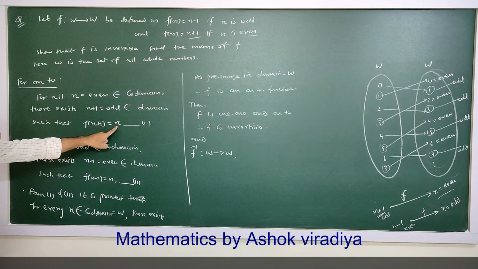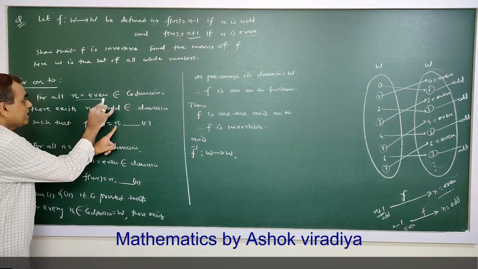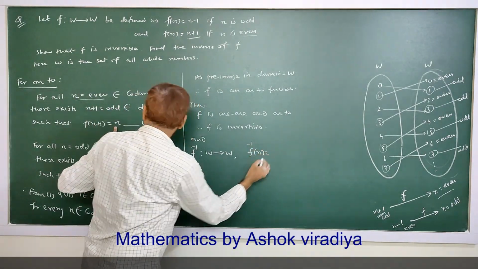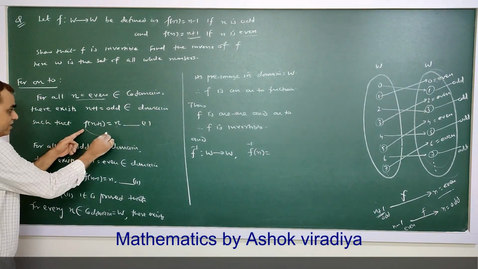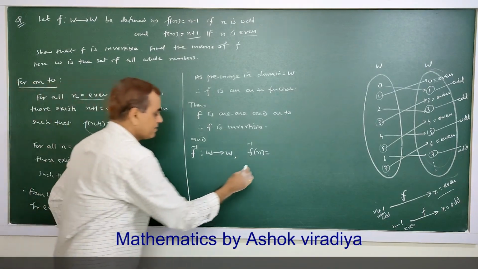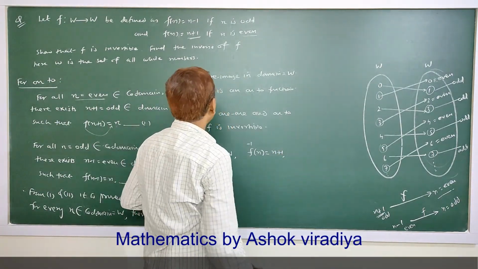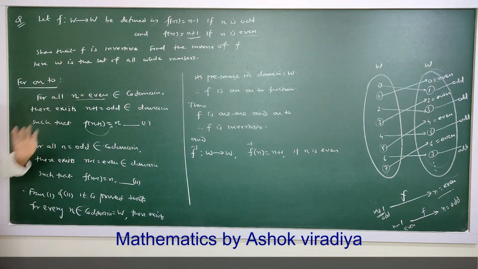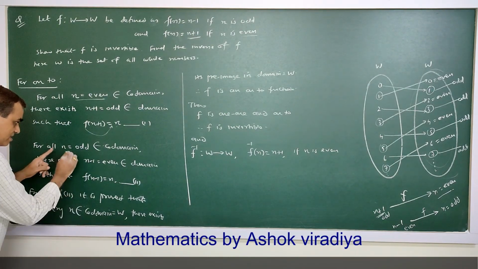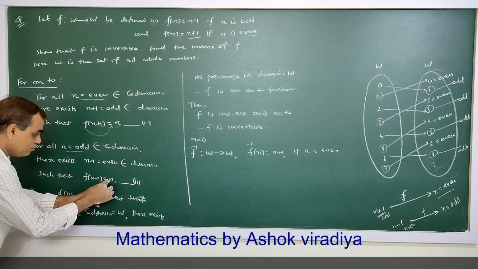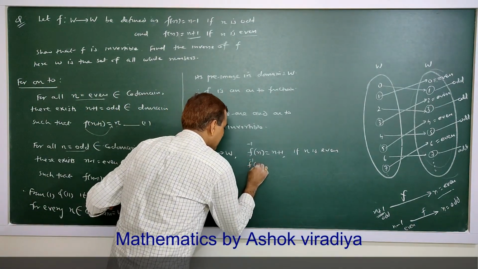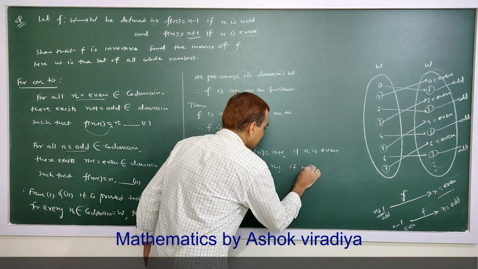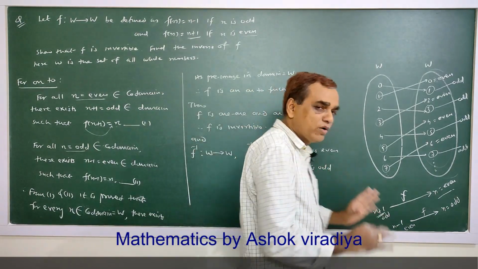So here n was even, and f inverse of n equals n plus 1 if n is even. In the second statement, for n odd, f inverse of n equals n minus 1 if n is odd. So this is the inverse of the function.